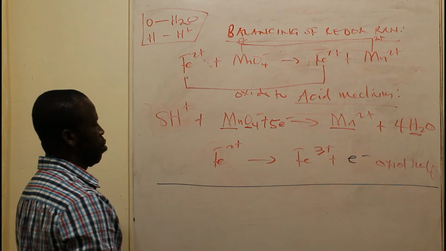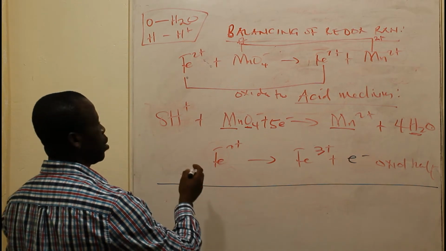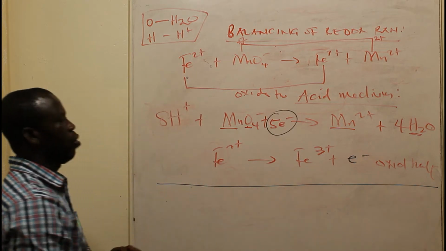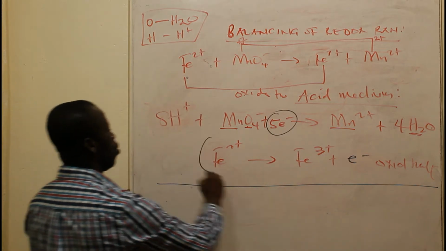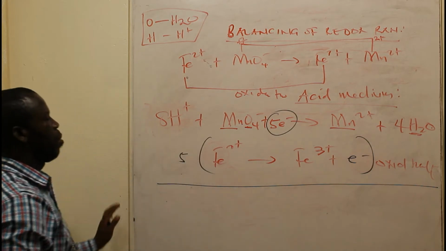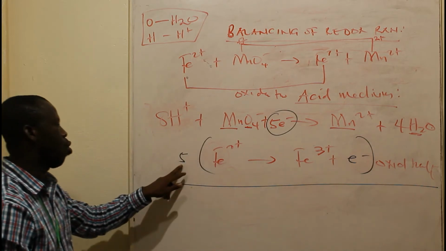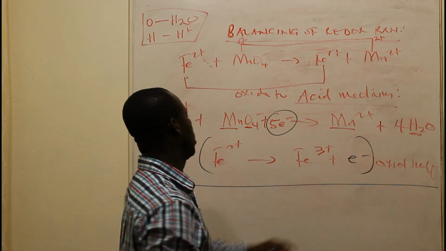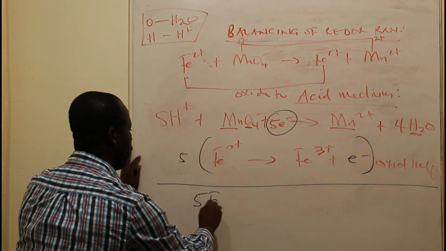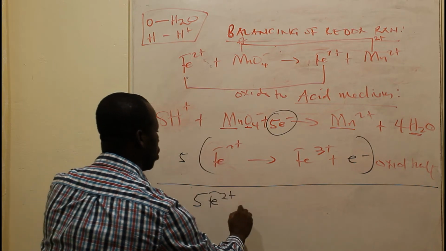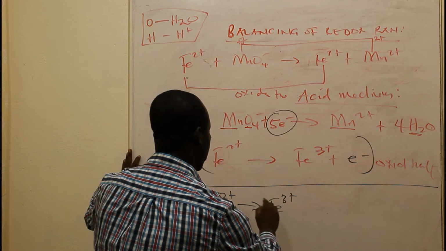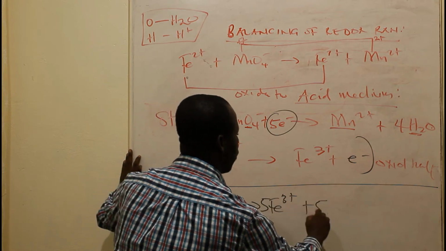There are 5 electrons here, so all I have to do is multiply all of these by 5. When we multiply by 5, the electrons are equal and can be cancelled out. So here we're going to have 5 Fe2+ to give you 5 Fe3+ plus 5 electrons.